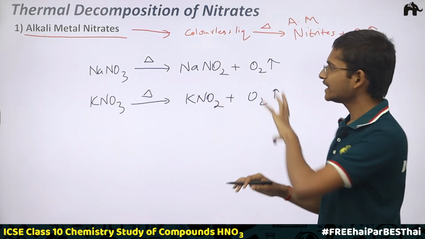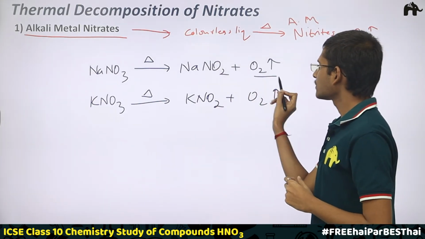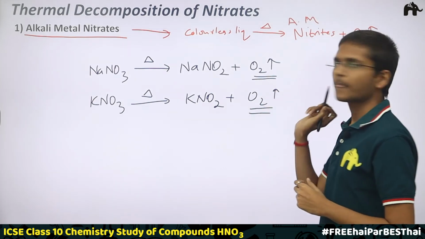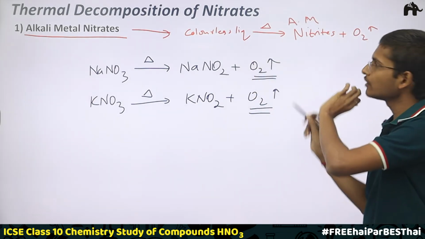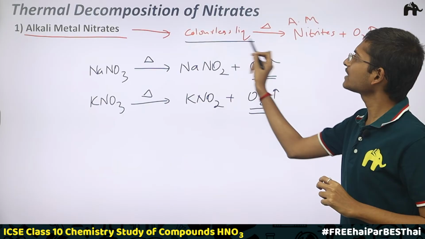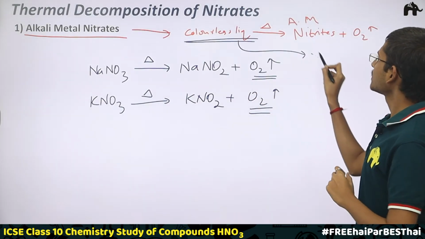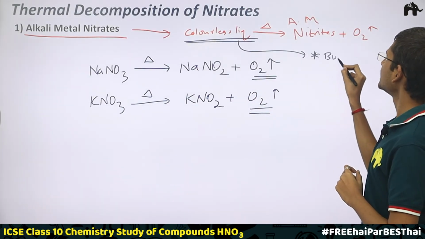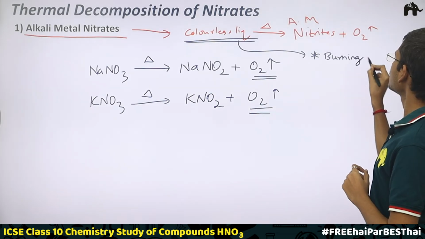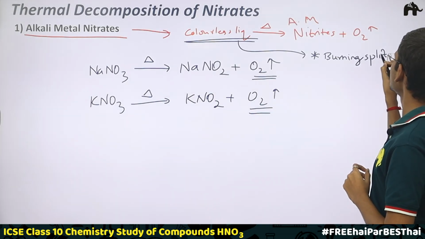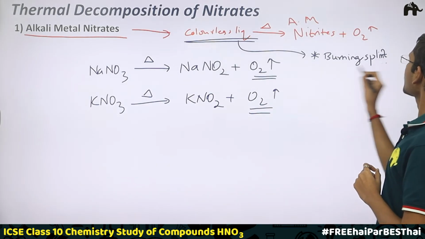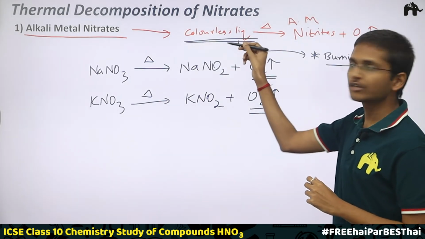Now the interesting thing is, this oxygen, when it is liberated from this molten, colorless liquid, if I take a burning splint and bring it near this molten liquid, what is happening?